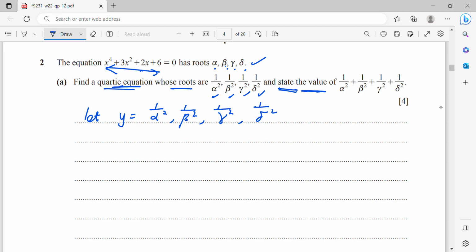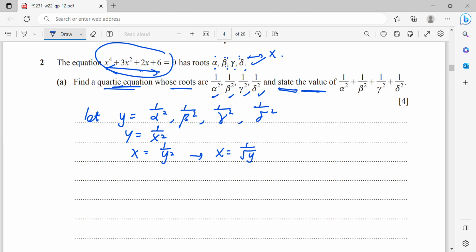So now from here, I will say that my y is basically 1 over x squared, because when your equation in terms of x has roots alpha, beta, gamma, delta, it means all these are basically the x. Alright, so now here I get the relationship between x and y. So now my x will be 1 over y squared. Therefore, my x will be 1 over square root y.